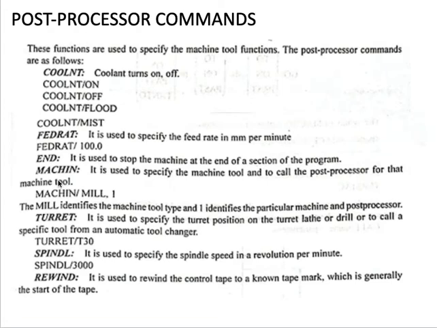MACHIN is used to specify the machine tool and to call the post processor for that machine tool. When you say MACHIN/MILL,1, the MILL identifies the machine tool type and 1 identifies the particular machine and the post processor.